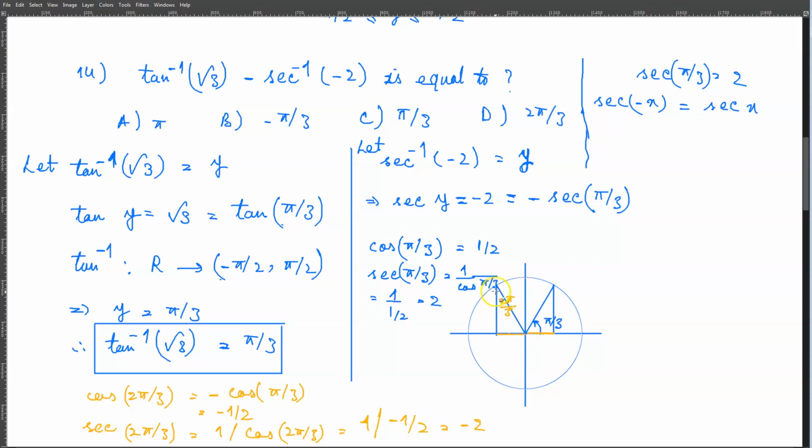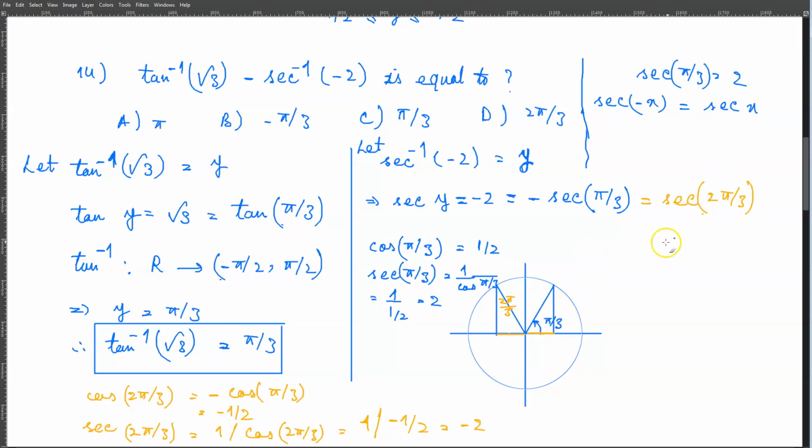Which means that over here what I have written is the secant of y is equal to negative 2. That is equal to the negative of secant of pi by 3, which is the same thing as the secant of 2 pi by 3.